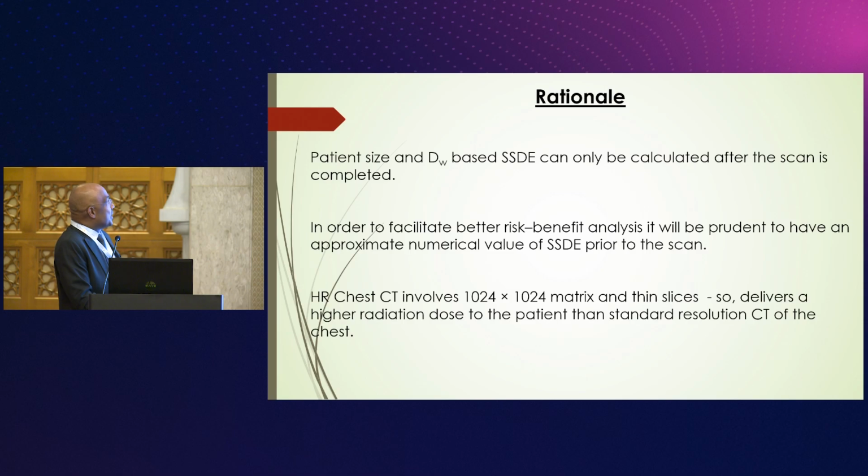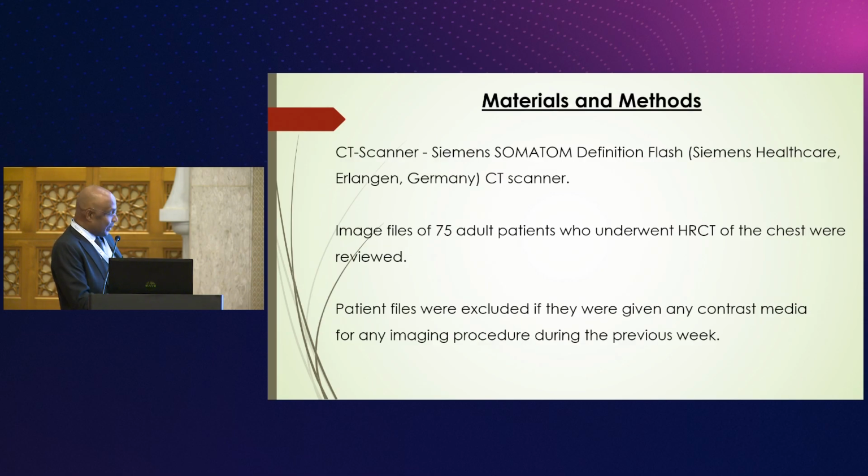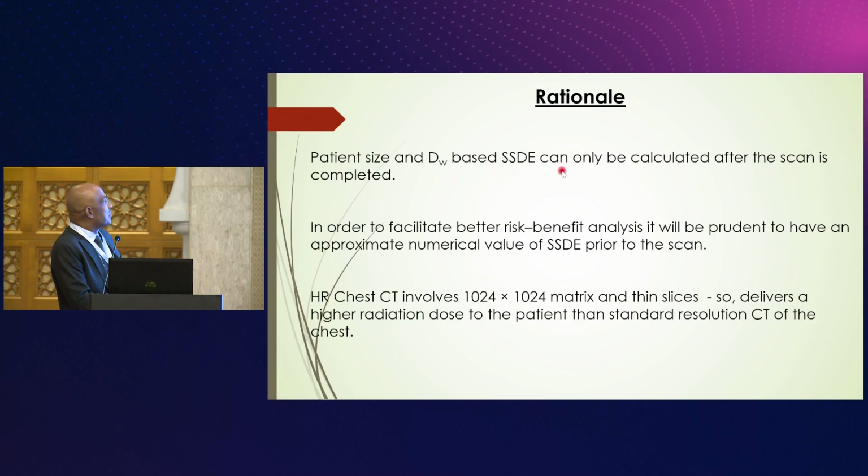So what we did was, patient size and water equivalent diameter based size-specific dose estimates can only be calculated after your scan is completed. So in order to facilitate a better risk-benefit analysis, it'll be better to have something that we can do before the scan is done.